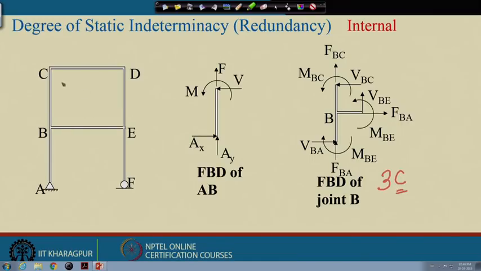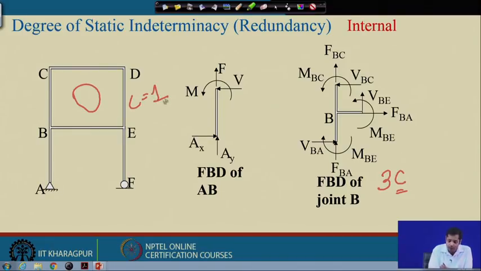For instance, here it is one closed loop. This loop is not closed. So, for this example C is equal to 1, and internal indeterminacy is 3 into C, which means 3.